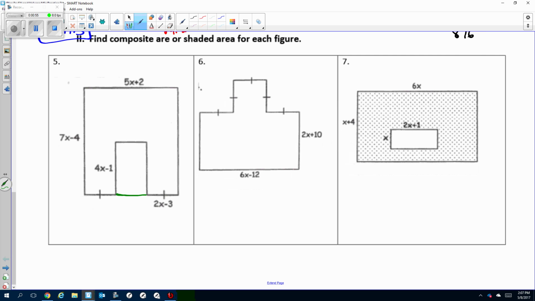I have the whole rectangle, which is 7x minus 4 by 5x plus 2. So I'm using the whole rectangle, and I'm going to abbreviate that, minus the small rectangle.